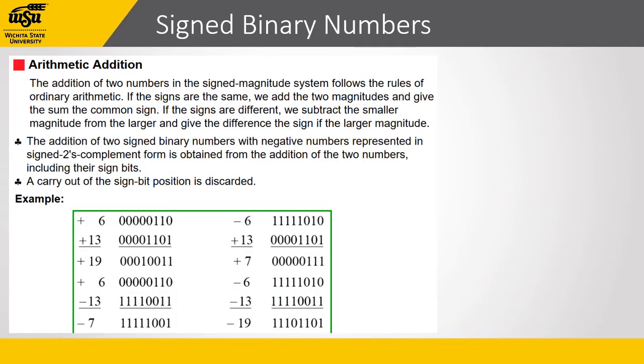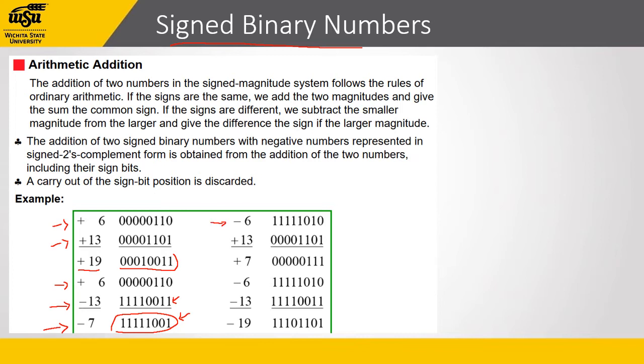So the arithmetic addition of signed binary numbers follows the same basic mathematics. Adding a positive number to another positive number gives us a positive number, and adding a positive number to a higher negative number gives us a negative number, which is in the two's complement form. If we use the two's complement form of a negative number here, our result is also in the two's complement form.